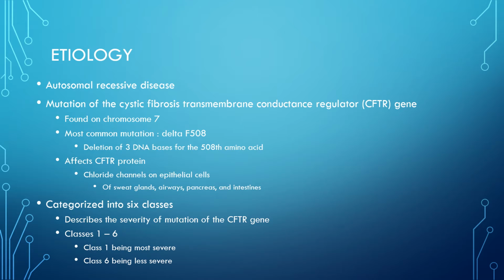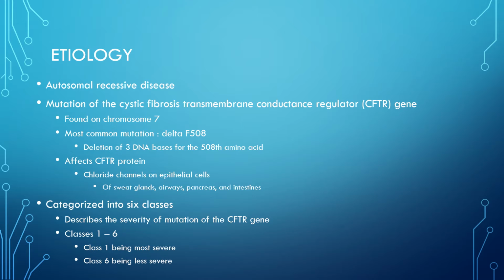As we know, genes encode for functioning proteins, therefore a mutation of a gene will lead to a malfunctioning protein. And in this case, the mutation in the CFTR gene will lead to a malfunctioning CFTR protein.